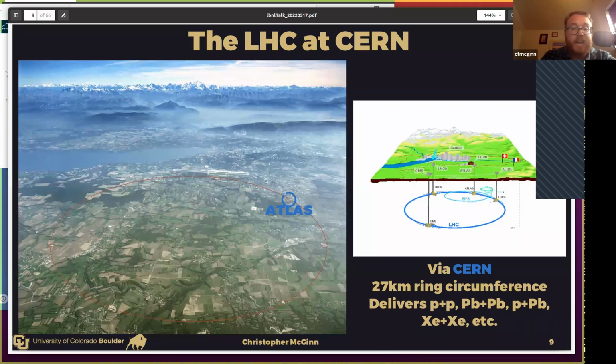I've highlighted the ATLAS detector right here in the blue circle. This is also where CERN is. ATLAS is right off site at CERN, which is quite nice. Of course, the actual detector is not above ground. It's 100 meters below ground, as are all of the other detectors. You can see ALICE, LHCb, and CMS in this cartoon on the right-hand side.